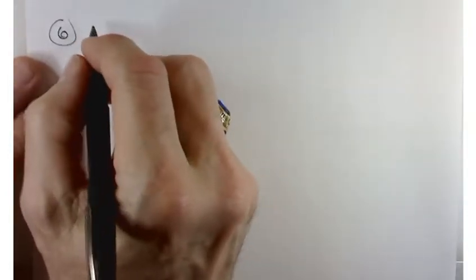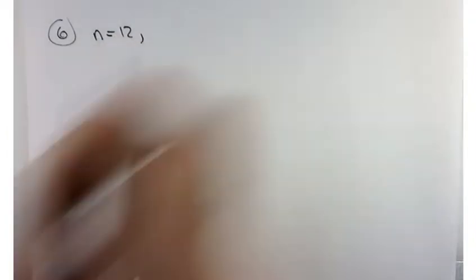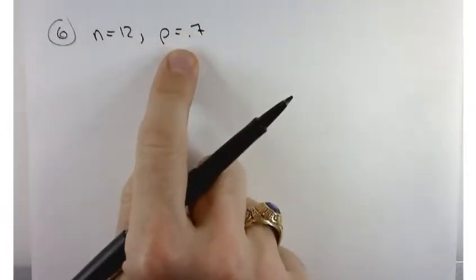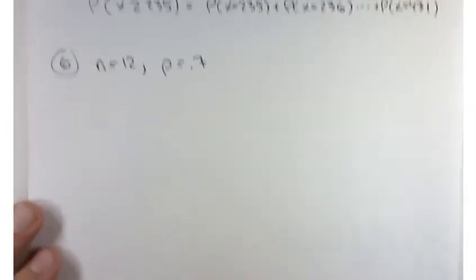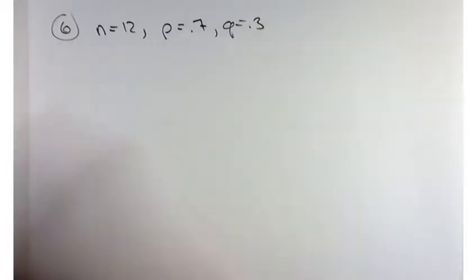We've got a binomial random experiment with n equals 12. The probability of success is p equals 0.7. If p equals 0.7, what's q equal then? Good. q equals 0.3. So we're going to check our assumptions first.